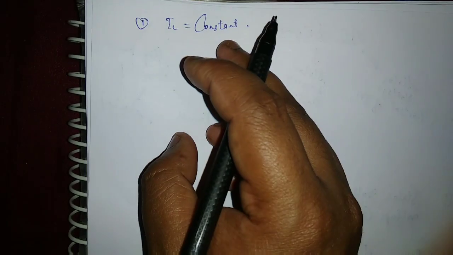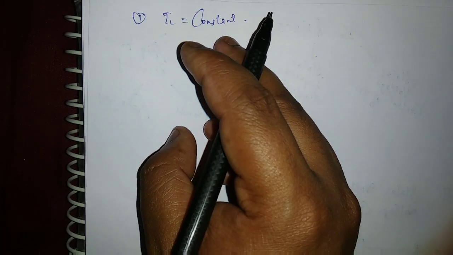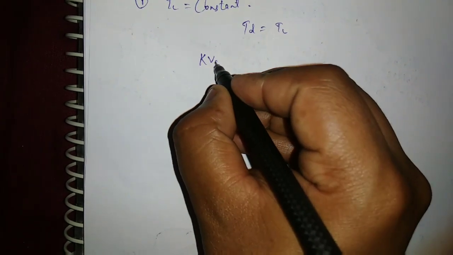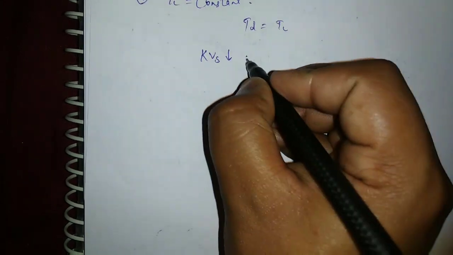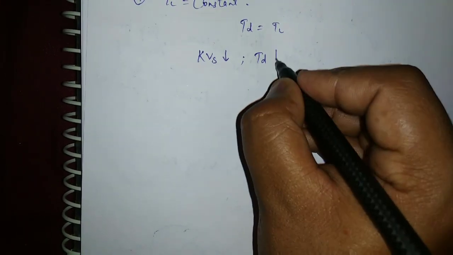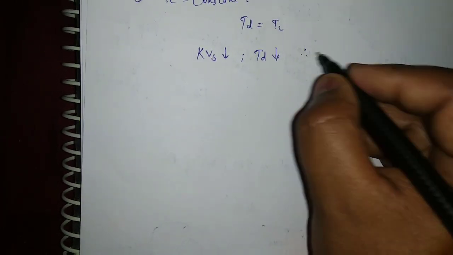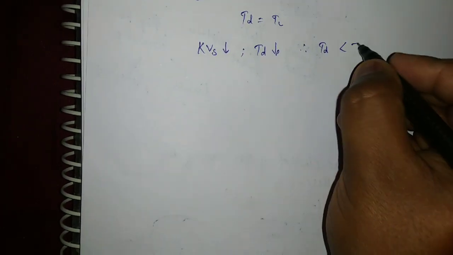So consider machine is running at rated load and rated speed. Okay, so in this condition TD is equal to TL. So if we decrease the voltage, therefore TD decreases, therefore TD is less than TL.